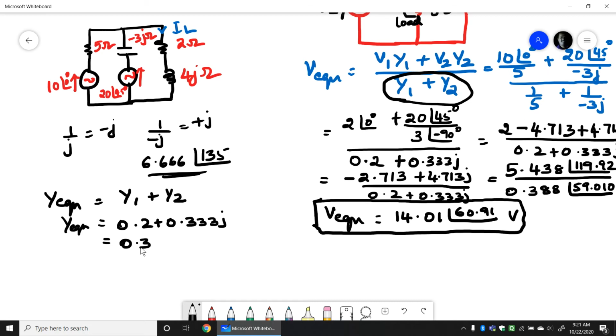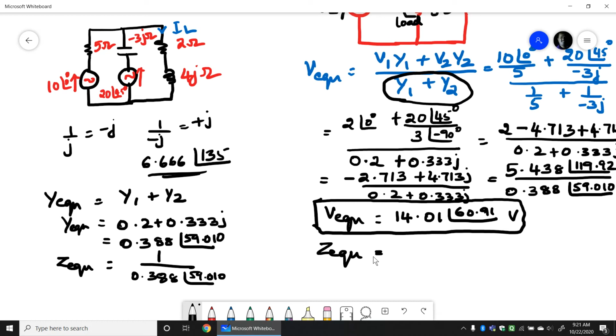I got 0.388 at an angle 59.010. Therefore Z equivalent would be equal to 1 over 0.388 at an angle 59.010. So Z equivalent equals 1 divided by 0.388, which will give me 2.577 at an angle, since the 59 goes to the numerator, it becomes minus 59.010 ohms. Now this is my Z equivalent.